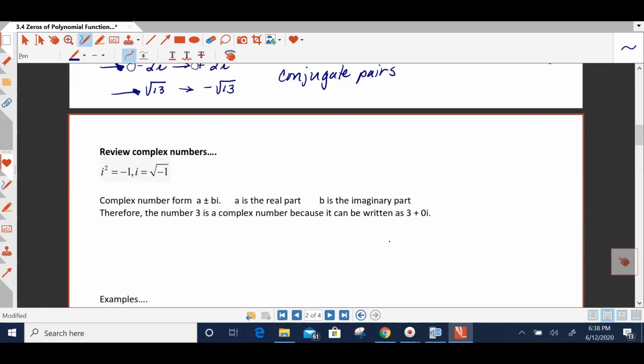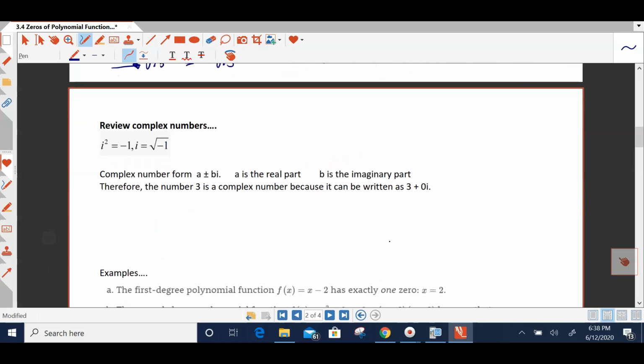Where does this imaginary number come from? Well, it comes from taking the square root of a negative number. Remember, we've restricted our domains and said we can't take the square root of a negative number because it's not in the real number system. Well, now we're saying we can take the square root of a negative number, and that is in the complex number system.